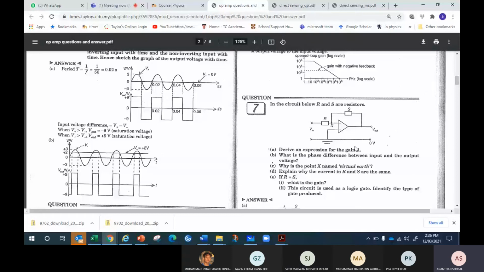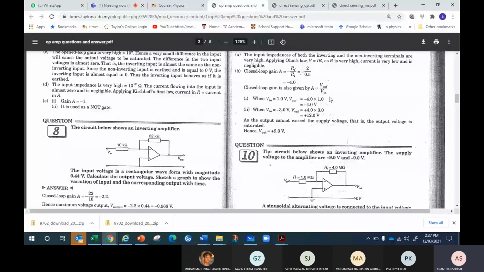What is the inverting gain formula? The inverting gain formula is negative RF over Rin. That's your gain. RF is the first resistor on your feedback, and Rin is the input resistor. Okay, good.